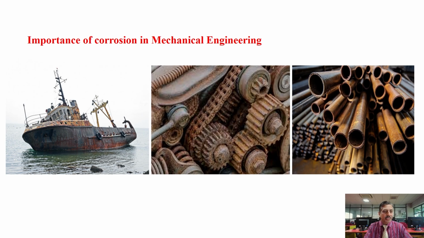Coming to mechanical engineering, how is corrosion knowledge helpful? Mechanical components like gears, bearings, shafts, pipelines, machine structures are often exposed to harsh environments. Corrosion prevention improves the durability of machinery and reduces wear and tear.